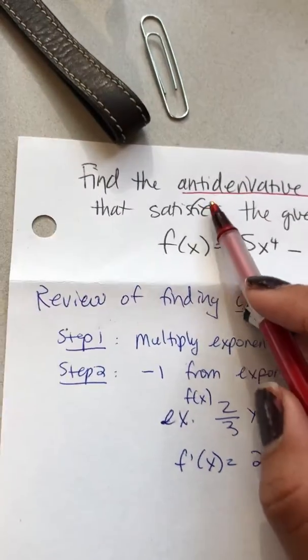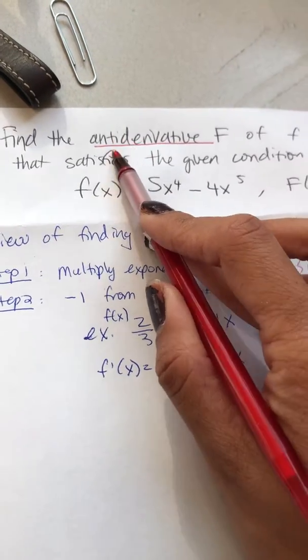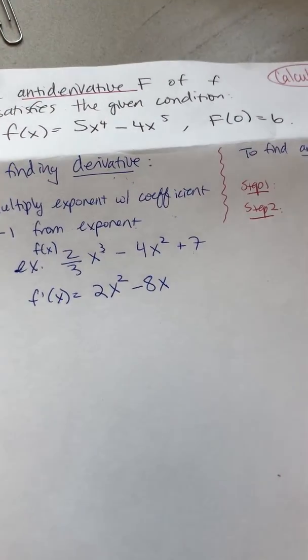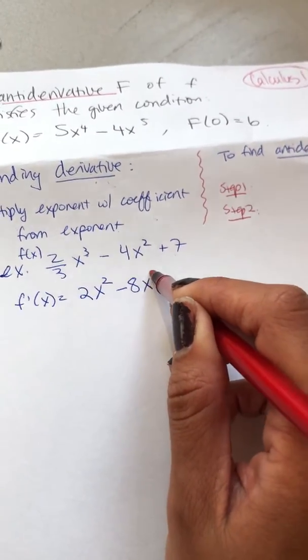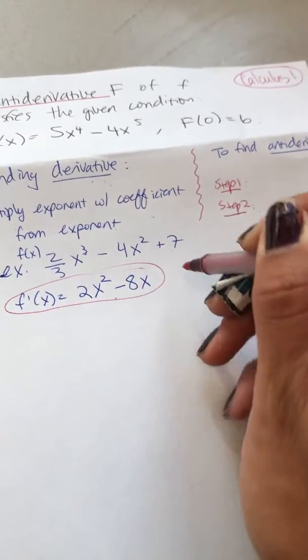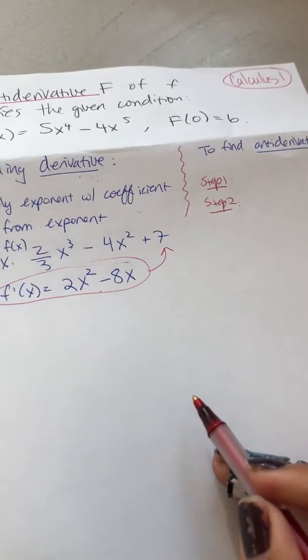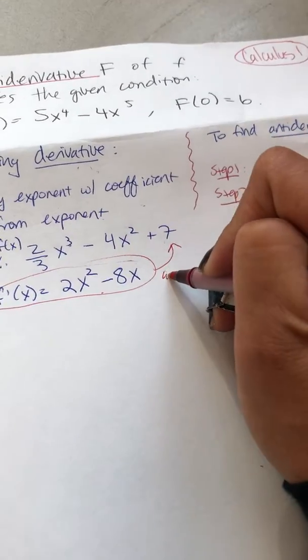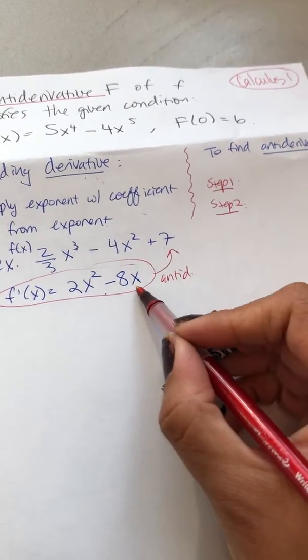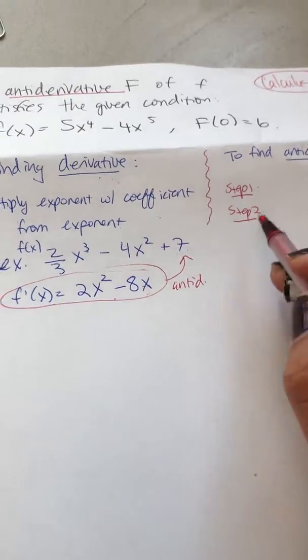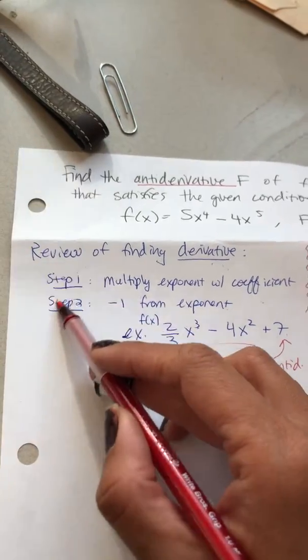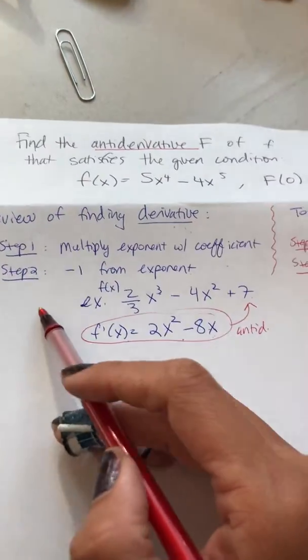The word antiderivative means against the derivative, so we're going to go in the opposite direction. In other words, we're going to start off with the derivative, and then we want to find its original function. That's what the antiderivative means. When you do that, the steps are reversed.